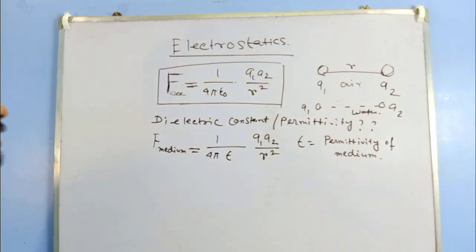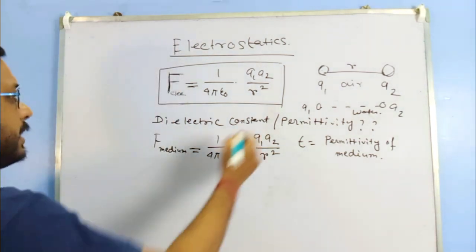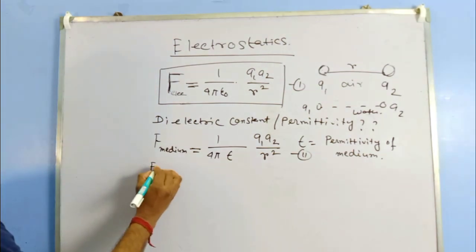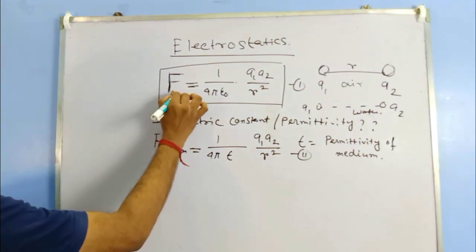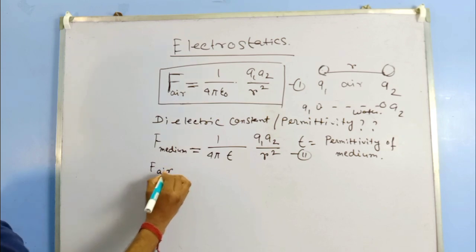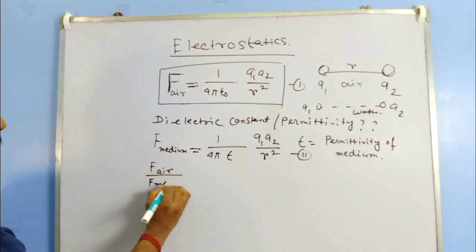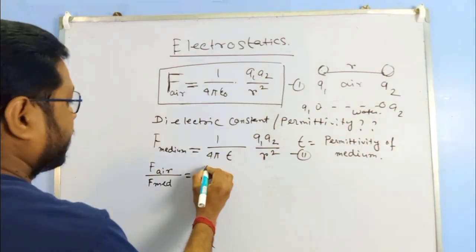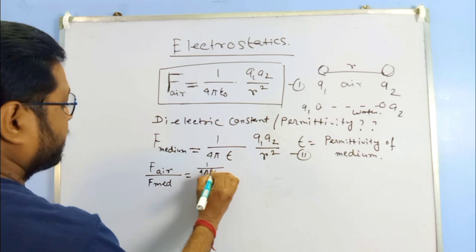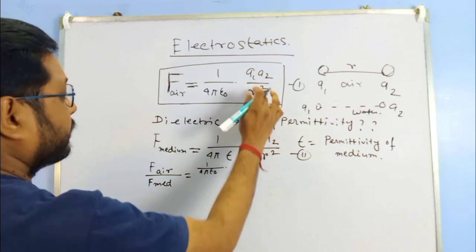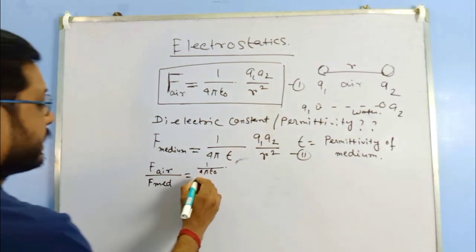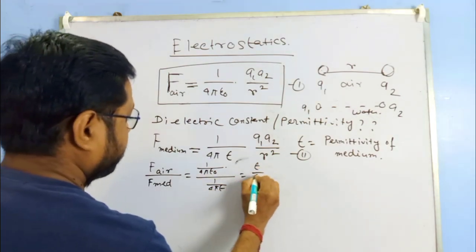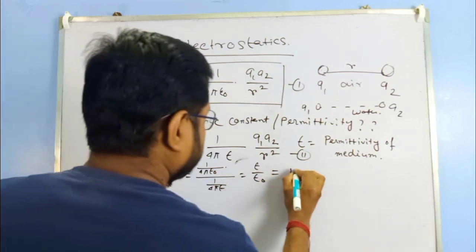Then if we divide equation number 1 by equation number 2, with F air and F medium, the common factor Q1 Q2 by r square cancels, and we get F air divided by F medium equal to epsilon by epsilon naught, which we can call k.